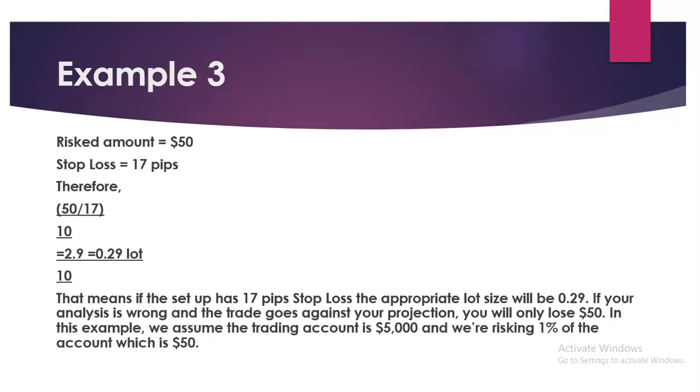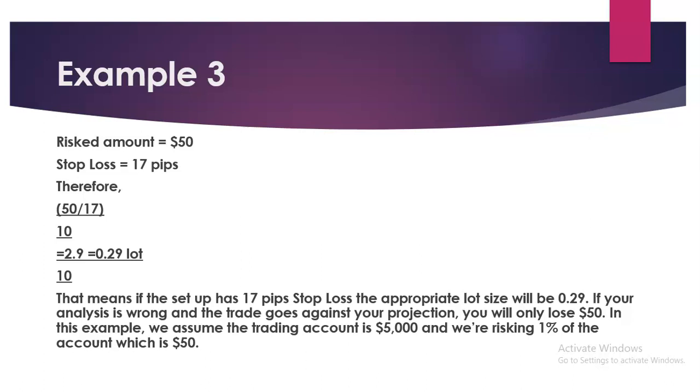In example 3, the risk amount remains the same. This time around, the stop loss is 17 pips. So following the same process again, we get 0.29 lot. That means if the setup has 17 pips as the stop loss, the appropriate lot size will be 0.29 standard lot.